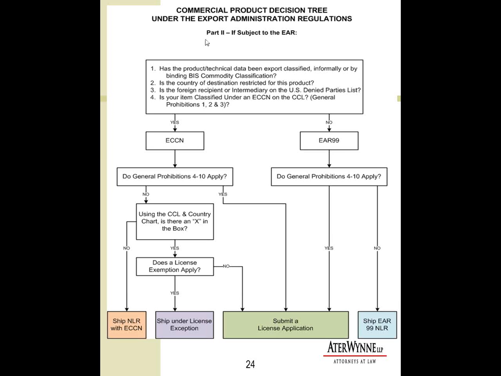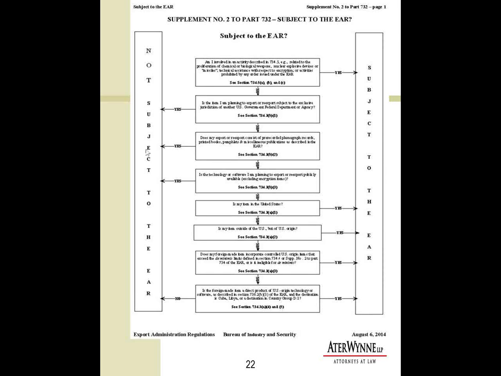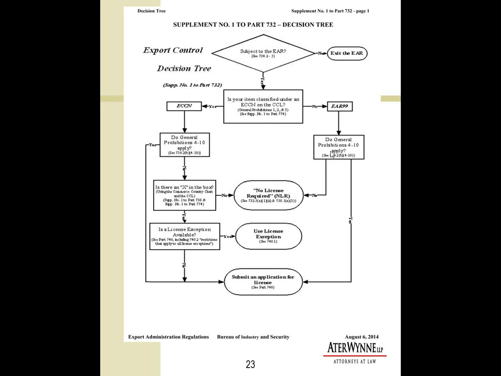Since really the discussion of how to answer these questions is a much longer process and can take quite a bit of time to go through step by step, we'll leave that for another discussion on another day. However, I just bring to your attention the fact that the Export Administration Regulations do attempt to provide assistance in navigating the several thousand pages of regulations that are included in the EAR.